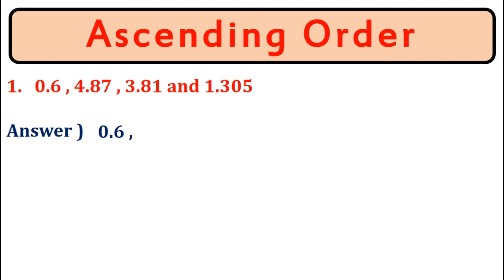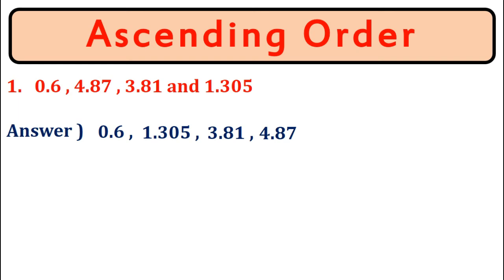So we write the number 1.305 next. Out of 4.87 and 3.81, 3.81 has the smallest whole number part. So we write that next. And lastly, the number which is left, that is 4.87, and which is the greatest among all the numbers, we write that next.